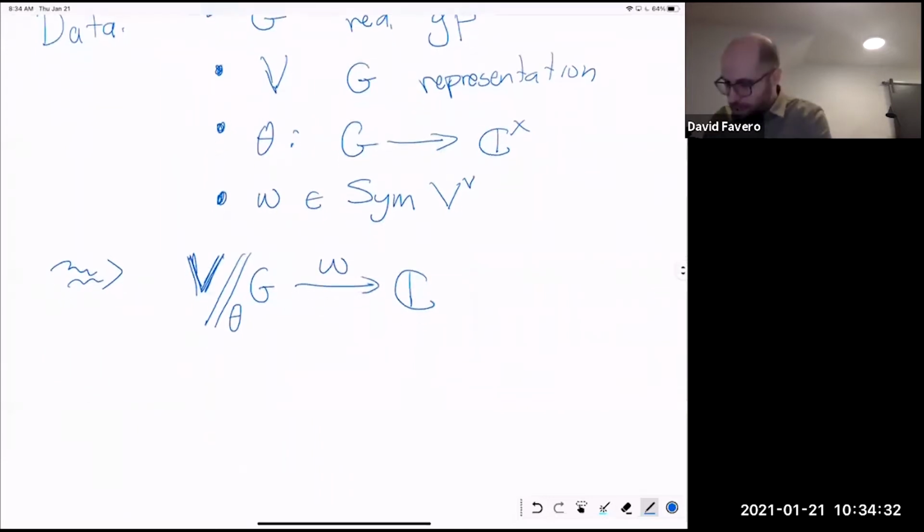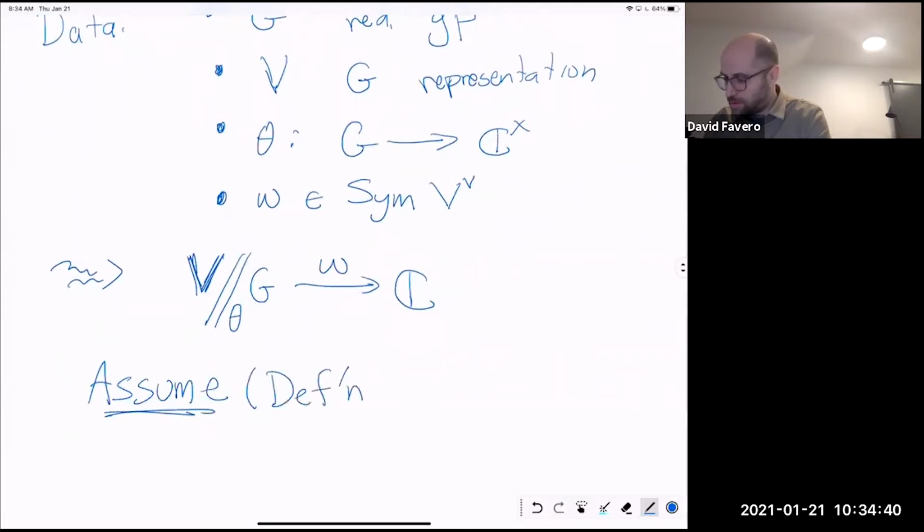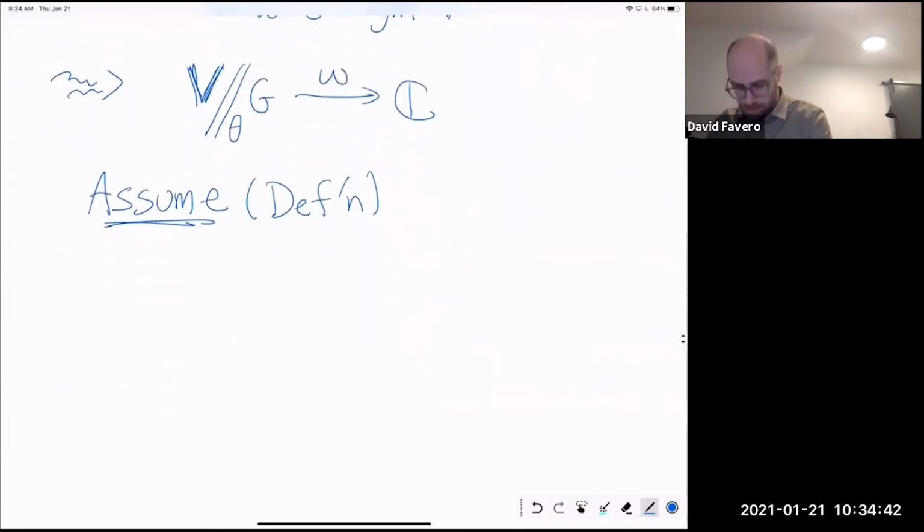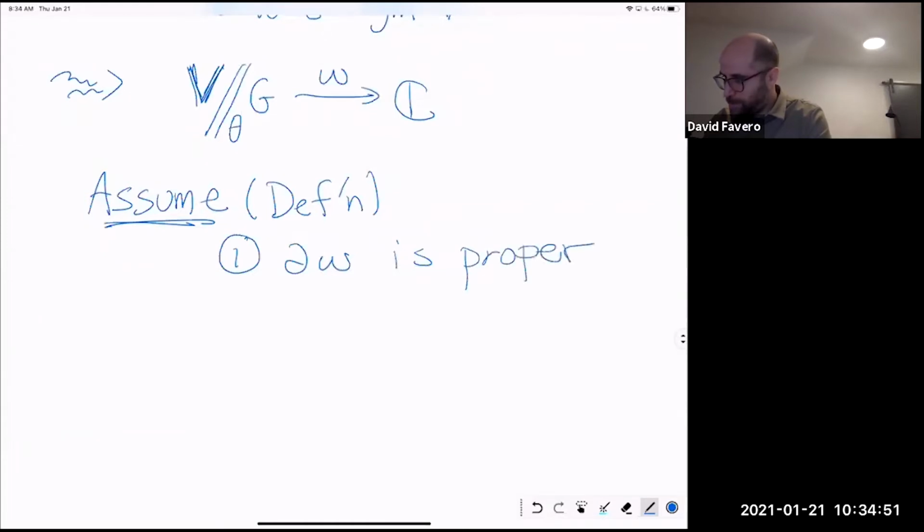Okay, and then I'm going to assume, this is by definition, that one, the critical locus is proper, and two, the semi-stable locus agrees with the stable locus.